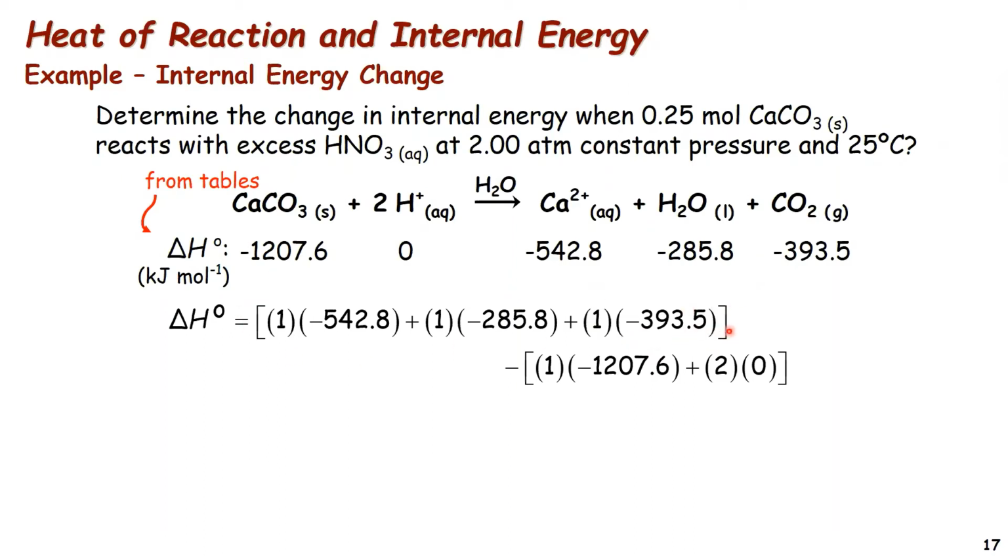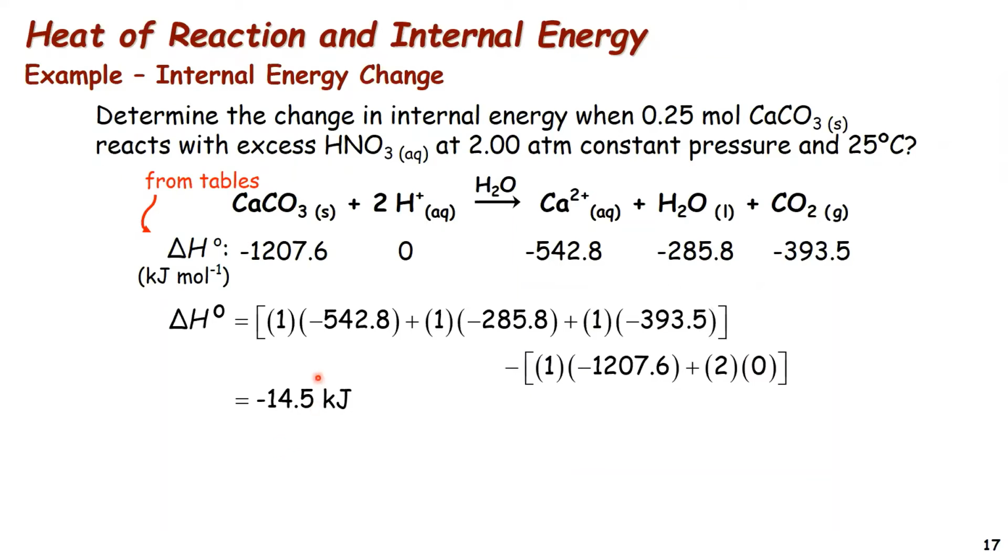We're going to sum them up, and then we're going to subtract from that the enthalpies of formation of our reactants. Well, there's 1 mole of the calcium carbonate at negative 1,207.6 kilojoules per mole, and then the enthalpy of formation of the hydrogen is 0, so that just cancels out. Plug that into your calculator, you're going to get a value of negative 14.5 kilojoules.